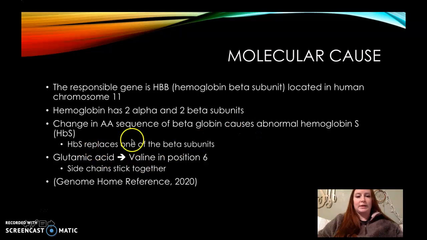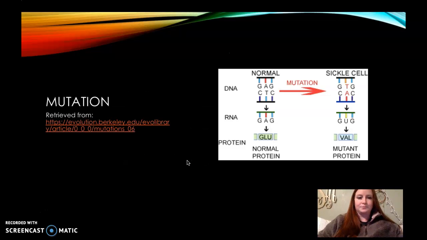Hemoglobin S replaces one of those beta subunits. And the specific change in amino acid is from glutamic acid to valine in position 6, and this causes the side chains to stick together.